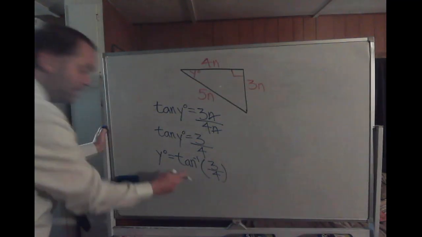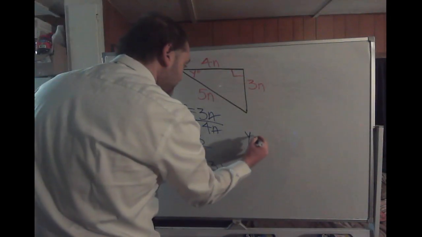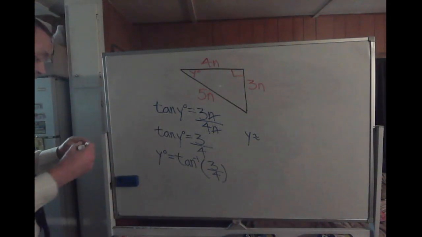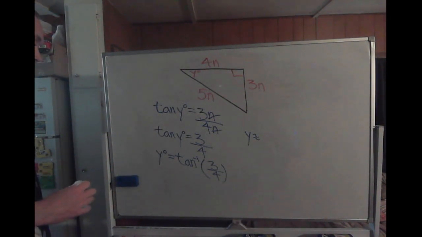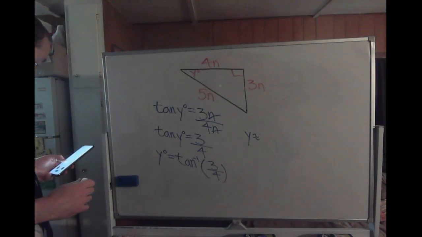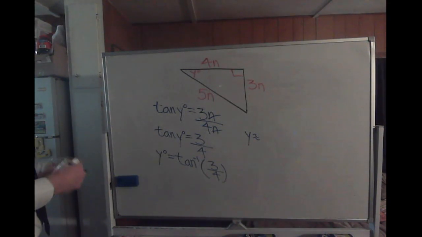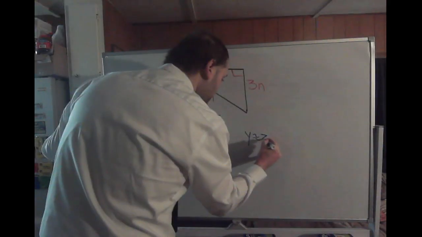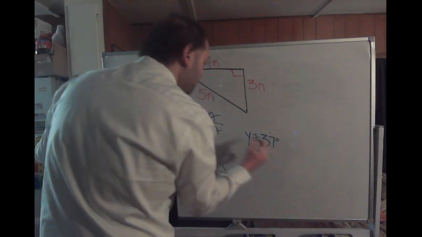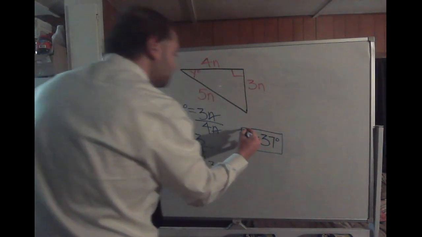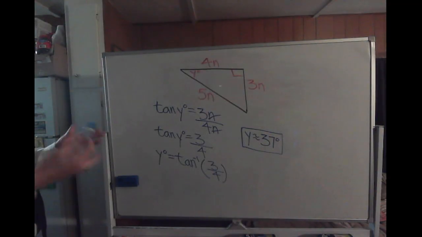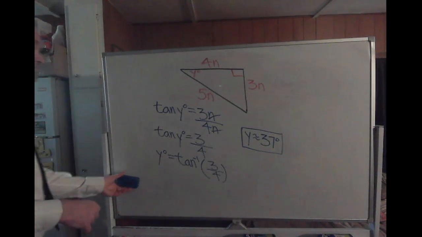So once we run that, we should get a decimal approximation, which would give us about 37 degrees. So angle Y is approximately equal to 37 degrees.